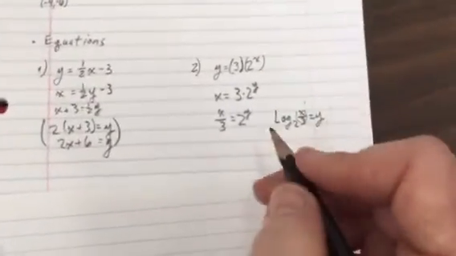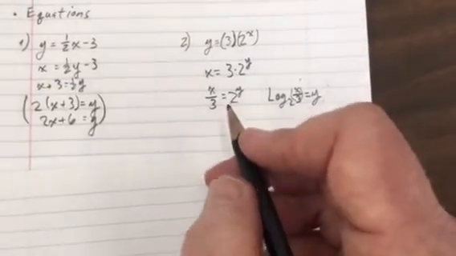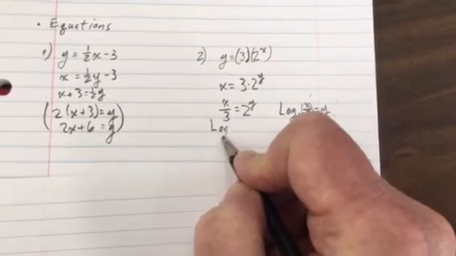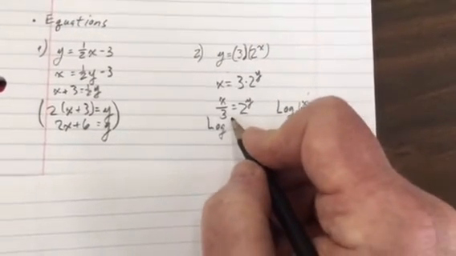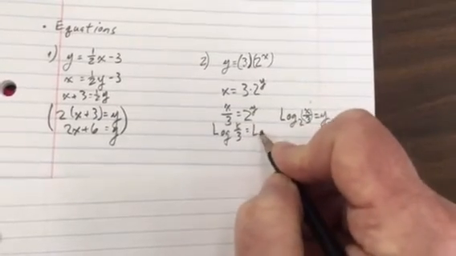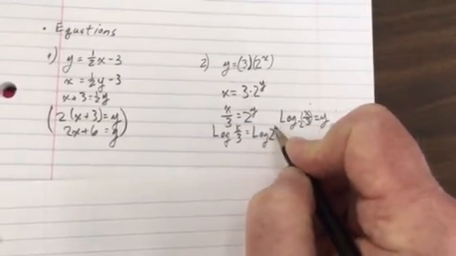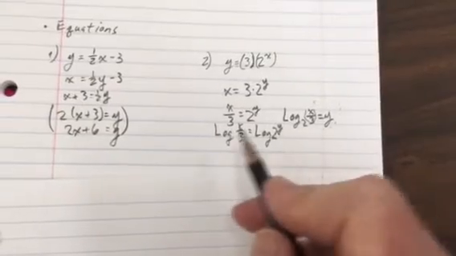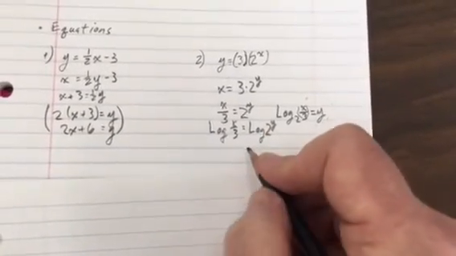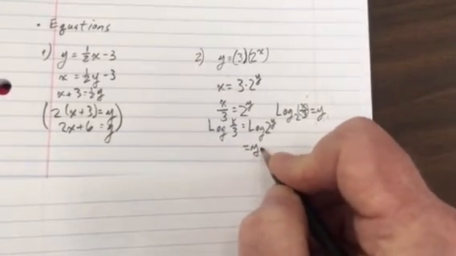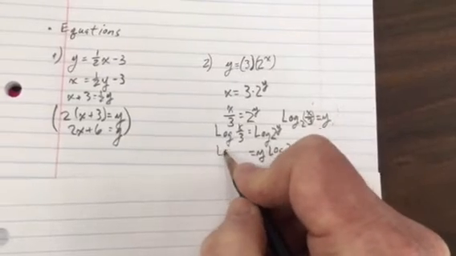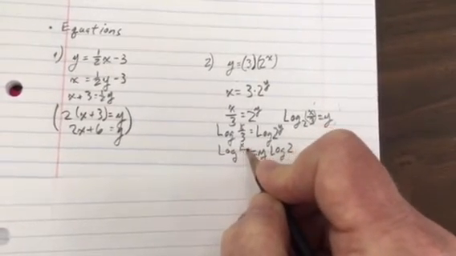If you wanted to take a more systematic approach and write it in a different way by taking the log of both sides of our equation to solve for y, that's a very dependable process. It's a few more steps, but log of 2 to the y, taking the log of both sides. And then if I move this exponent y down in front, so y times log of 2, and I've got log of x over 3 over here still.